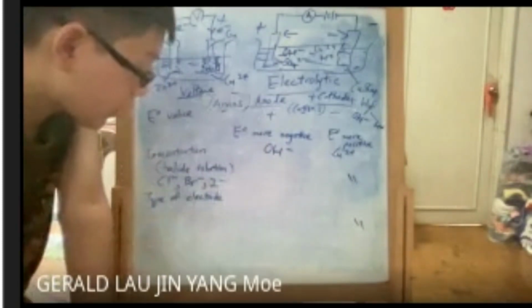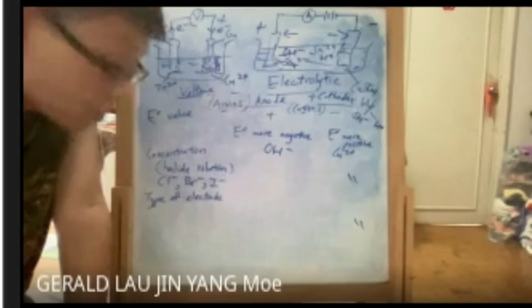These three factors only affect the anode. So for a halide solution, if it is concentrated, it will release the halide ions. It will selectively discharge the halide ions because the concentration is higher.